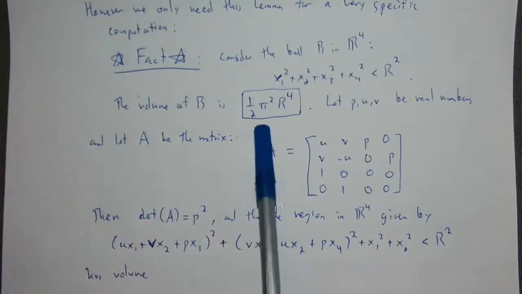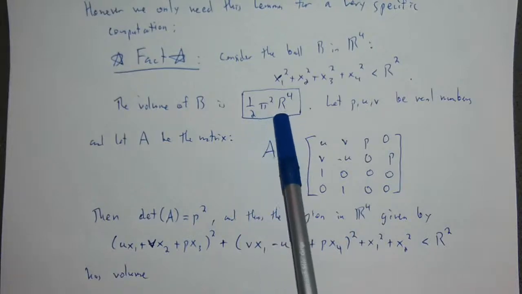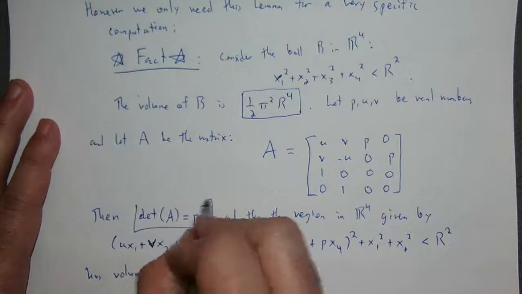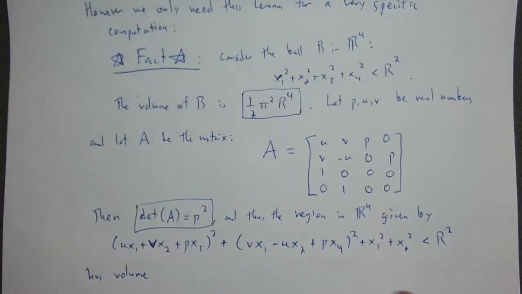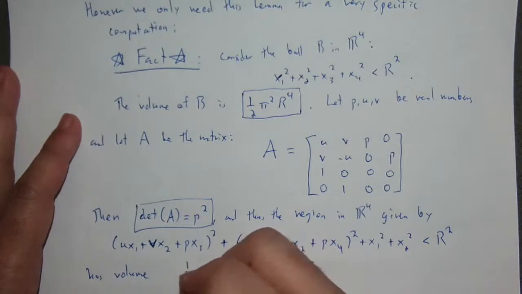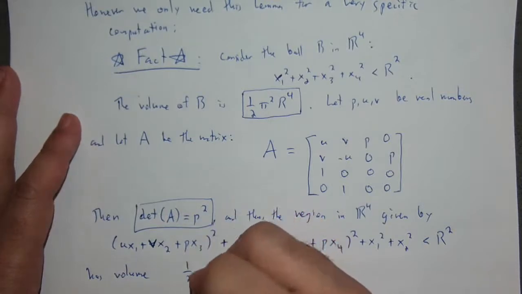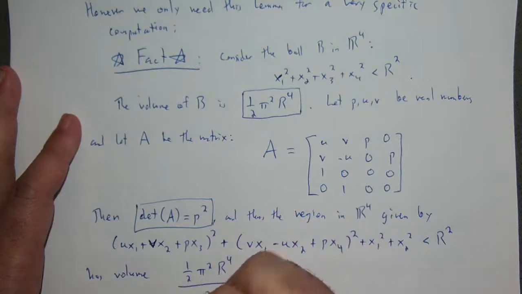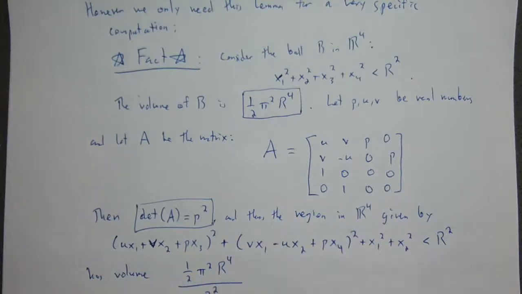Well, it would have volume 1/2 pi squared R to the 4th divided by the determinant of this matrix, which is P squared. So the volume of this region is 1/2 pi squared R to the 4th all over P squared. Okay.